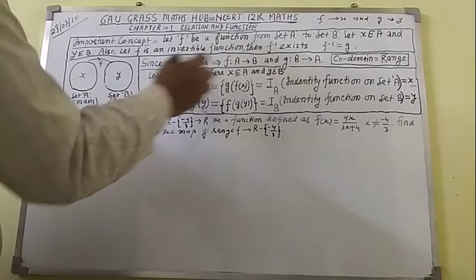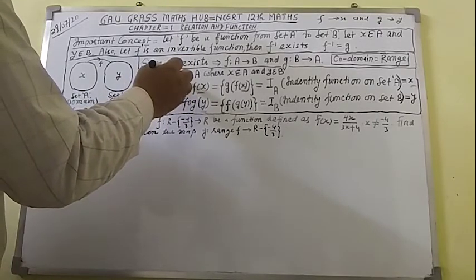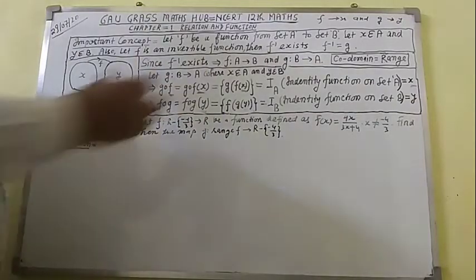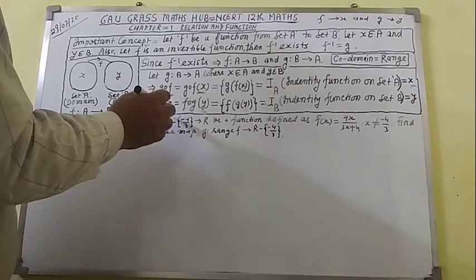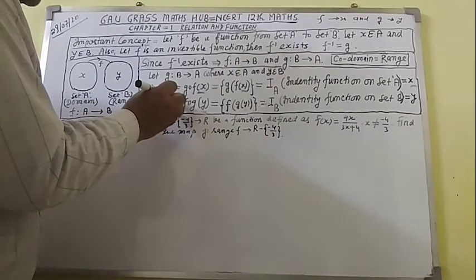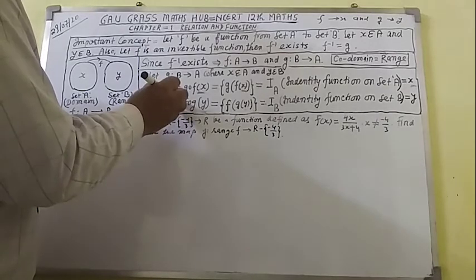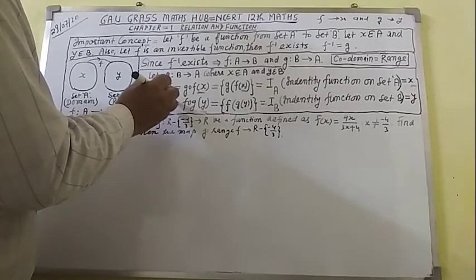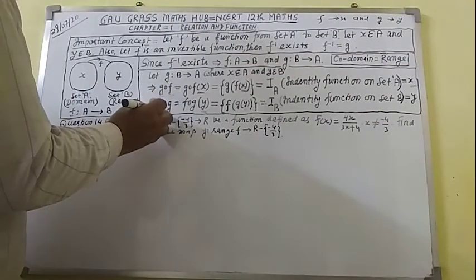So here I have written g is from B to A, x belongs to A and y belongs to B. This statement you have to write. Make sure that whatever statement you take, either go for f o g or g o f; g of f will always give x and f of g will always give y.